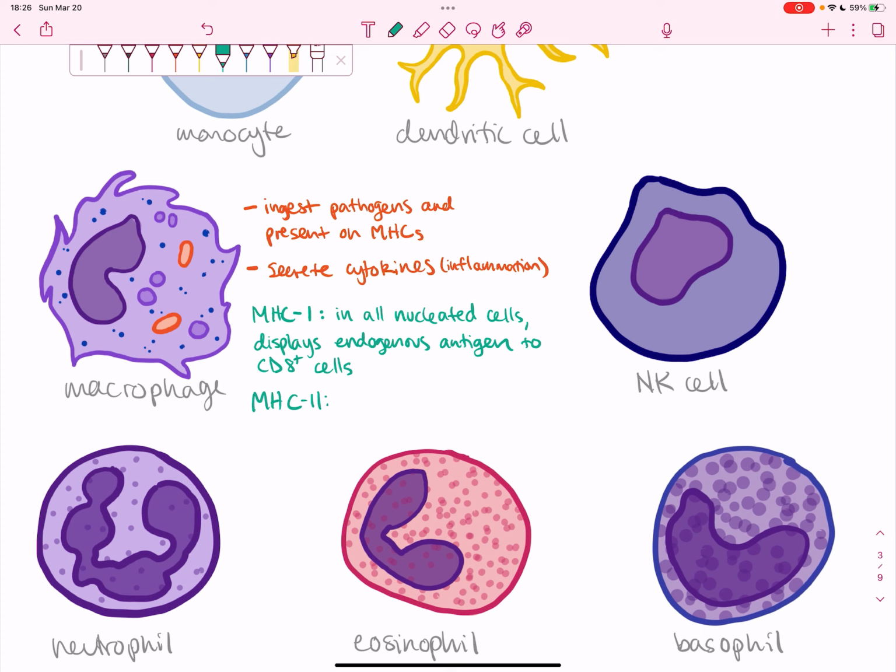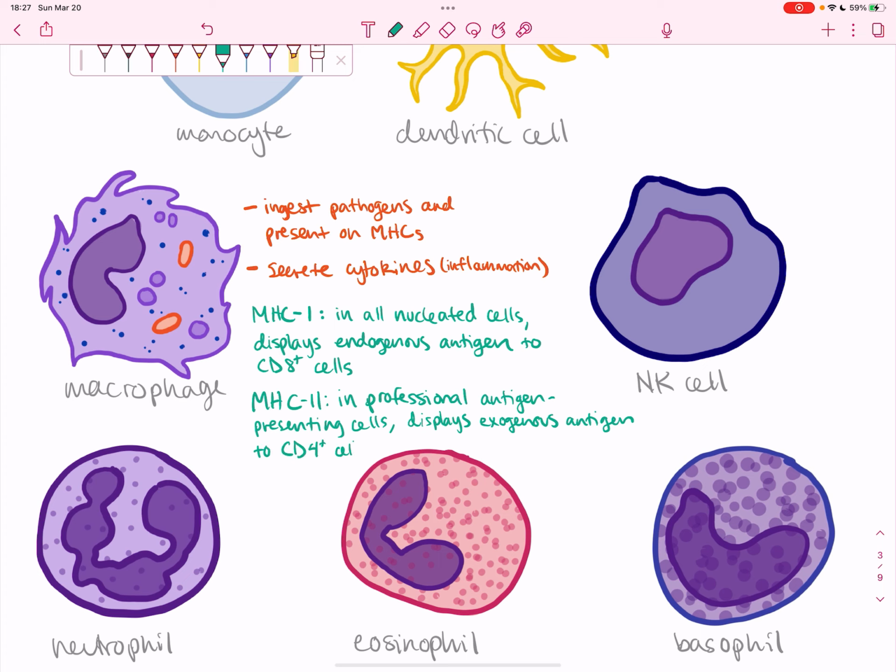So MHC2 displays exogenous antigen to CD4 plus cells.